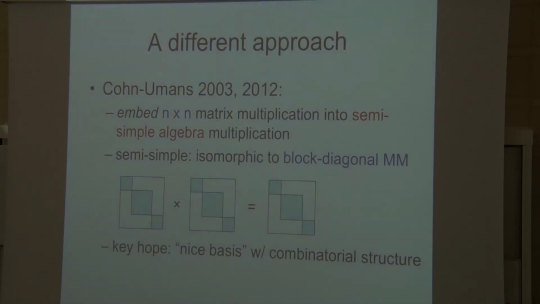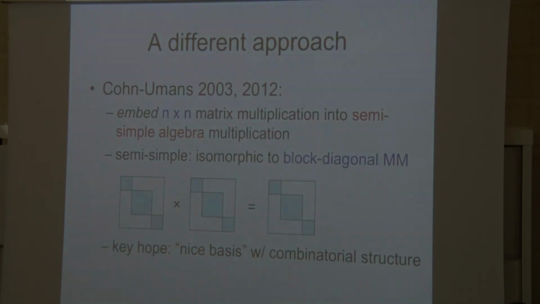The hope in doing this is that you can do the following kind of reduction. You can embed the matrix multiplication tensor into some semi-simple algebra which has this block diagonal matrix multiplication structure. At the same time, that algebra should have some kind of nice basis with some combinatorial structure, so that the question of whether matrix multiplication can be embedded into it can be expressed as some question about groups, or as we'll see, coherent configurations or other combinatorial objects, that is accessible and you can start to work on, instead of just saying you want to bound the rank.